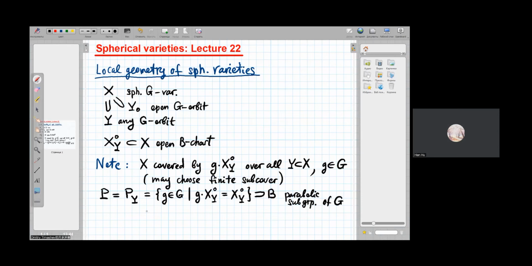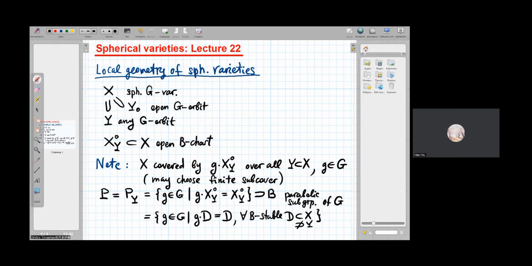This parabolic subgroup can also be defined as the subgroup consisting of all elements of G preserving each B-stable prime divisor which does not contain Y. Because these B-stable prime divisors not containing Y are exactly the complementary divisors to this affine open B chart.